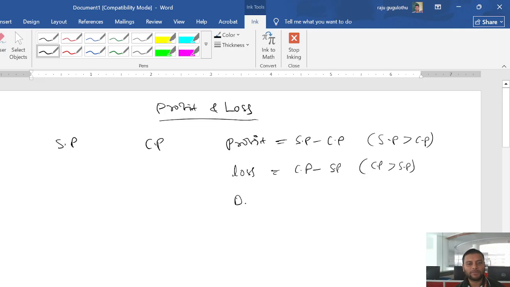And we have one more term, guys, that is discount. Discount is calculated as market price or printed price or labeled price on the article minus selling price. And if you want to find profit percentage from our percentage concept, guys, percentage of anything is result divided by original number, multiplied with 100.